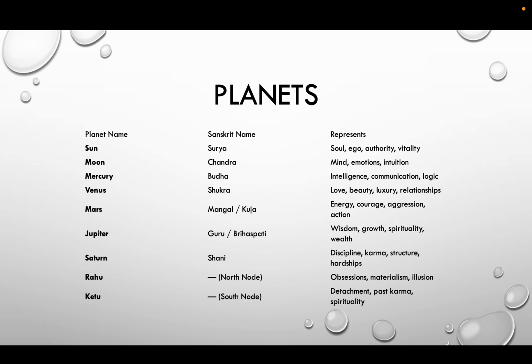As I'm creating this video, I'm only giving you a short, brief description of these planets and their representation. Further on, I will give you a detailed description of each planet and its nature.